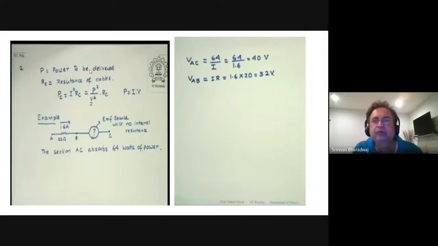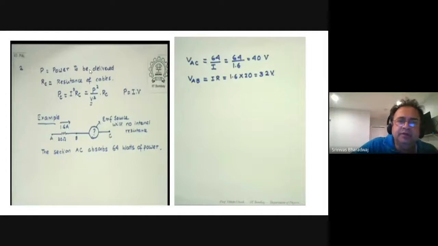So VAC equals 64 divided by I, and I is 1.6, therefore VAC is 40. Now, VAB is 1.6.